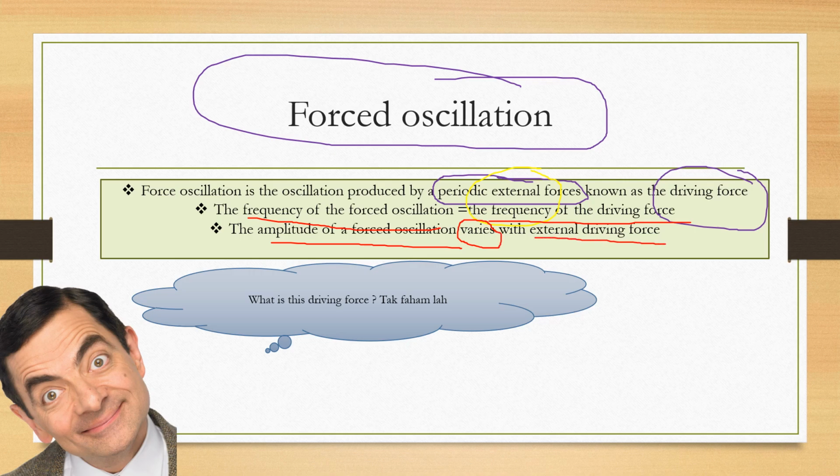That means by continuously giving this external force, it will vary the amplitude of the forced oscillation. So these are the concepts. Now we want to do application. Let's look at the next one.